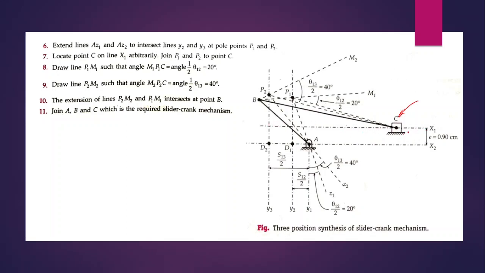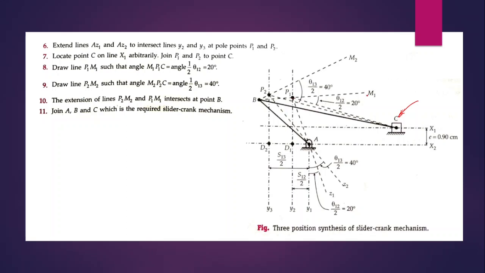You can select any point on the line x1 as C. Then join P1 and P2 to point C. Join P1C and P2C.